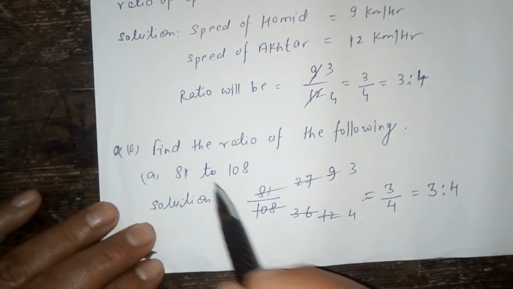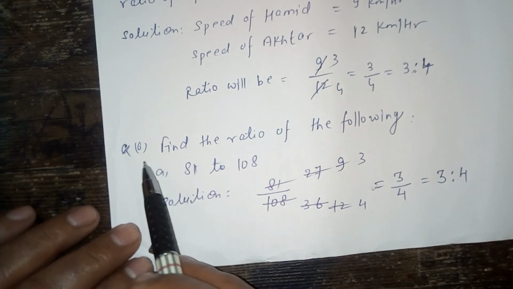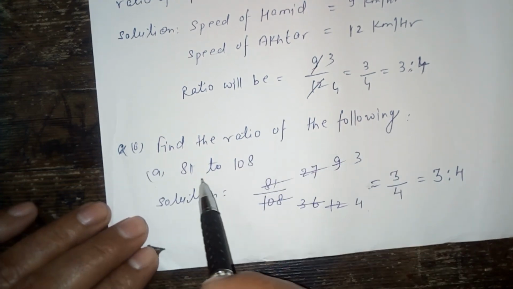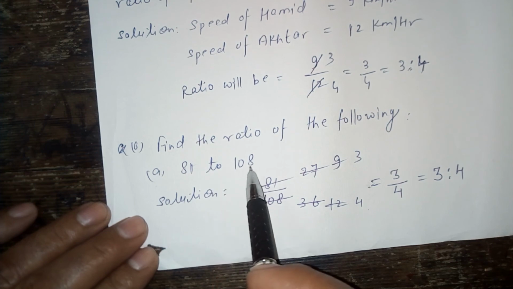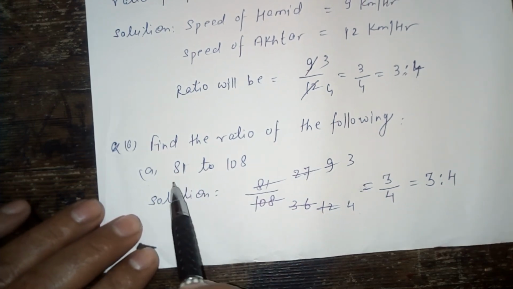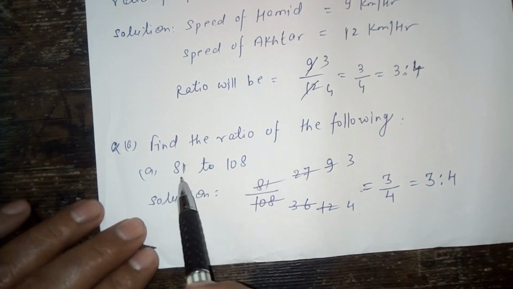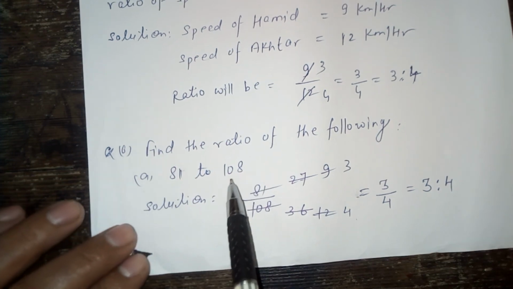Okay. Again, your question number 6 is: find the ratio of the following, 81 to 108. Now look here, there are two numbers, 81 and 108.